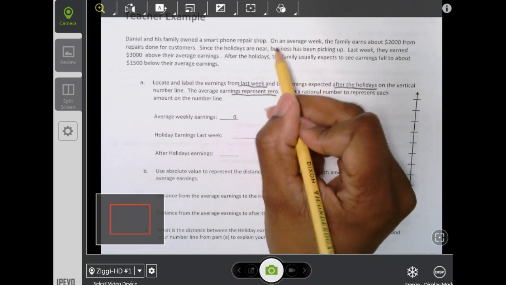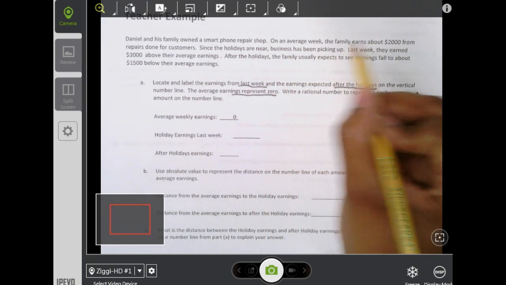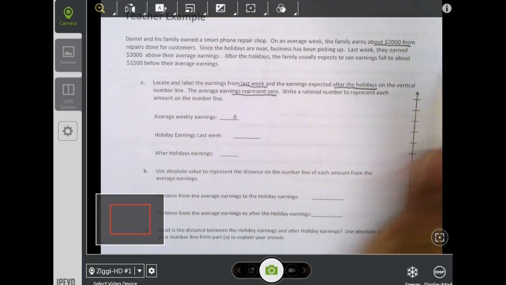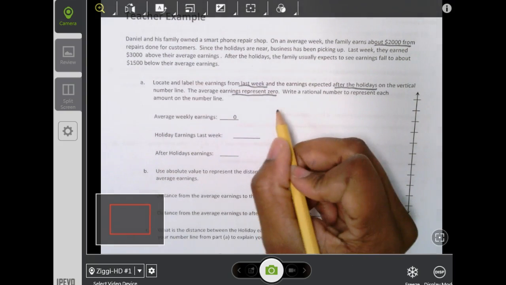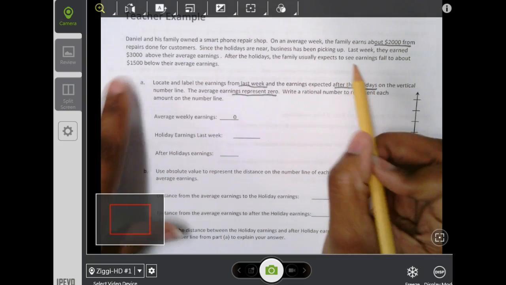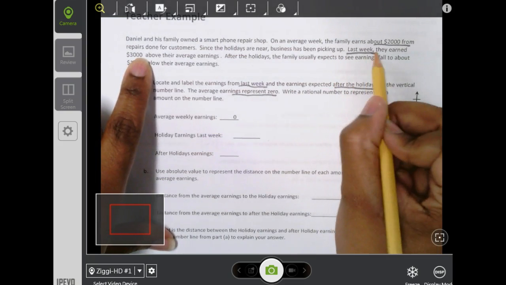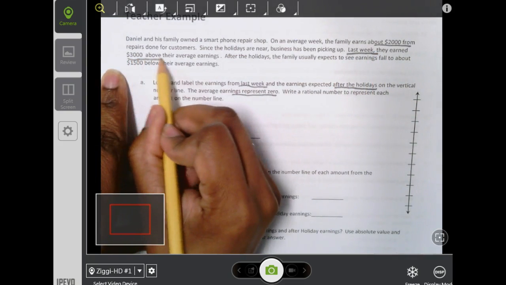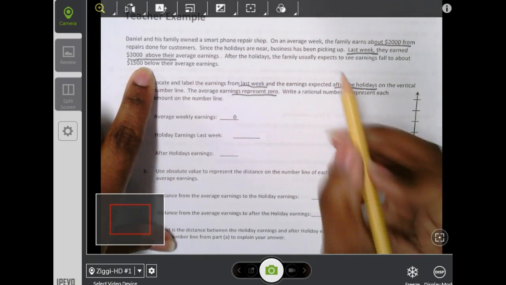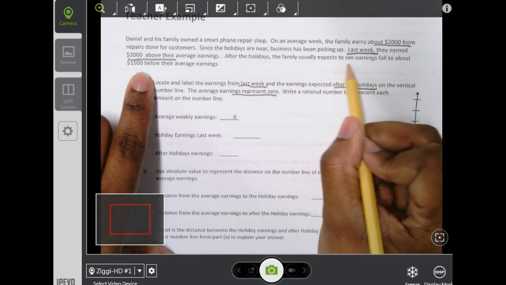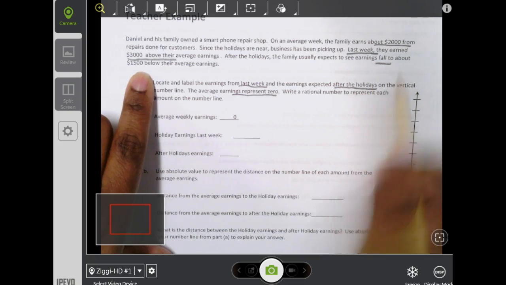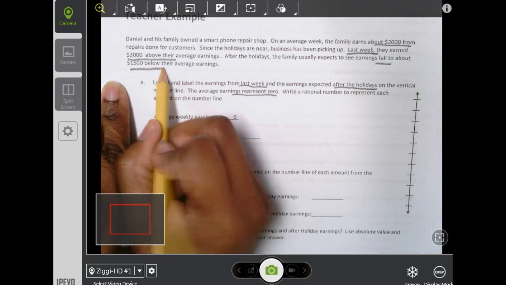The information that they gave us, they said that the average week the family earns $2,000. They also said that last week they earned $3,000 above average. After the holidays, the family usually expects to see earnings fall to $1,500 below their average.